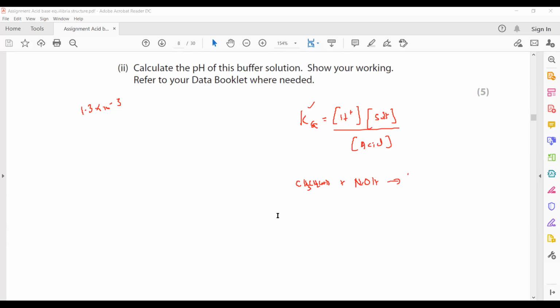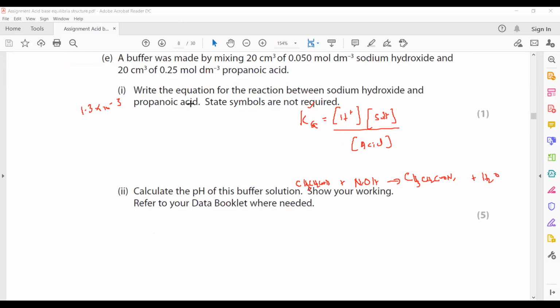This will result in the formation of sodium propanoate, CH3CH2COONa, plus H2. So we use 20 cm³ of 0.05 mol per dm³ sodium hydroxide, and we mix it with 20 cm³ of 0.25 mol per dm³ propanoic acid.